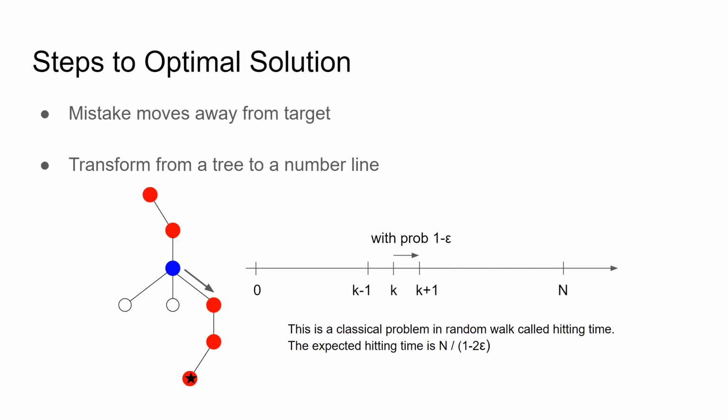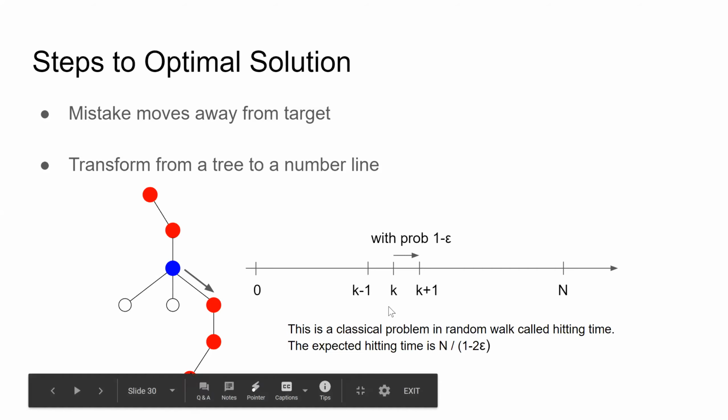And then we can use tools in probability called analyzing the hitting time. Basically, I start at 0, and I want to hit the location n with the probability model I just described of moving left versus moving right. And this classical result tells me the expected number of steps I need to make is n over 1 minus 2 epsilon. So that concludes the proof.